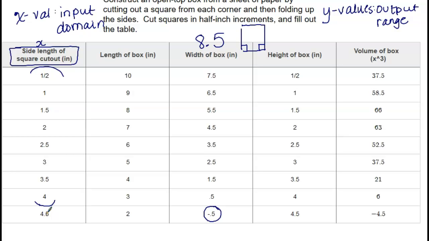So the way that we would write the domain for this one is we're going to use interval notation. It's going to sometimes look like an ordered pair, but what we're going to say is that a curved bracket, kind of like this symbol right here, doesn't include the number.